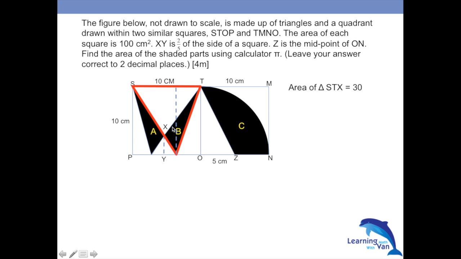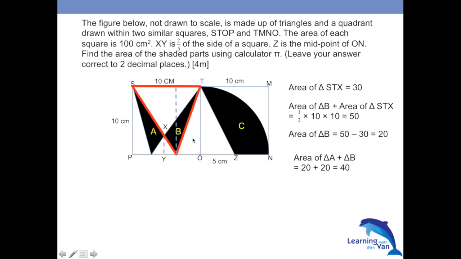So basically, they are identical. So yes, we can say that triangles A and B are identical, but not without having to prove this point. So again, the area of triangle B would be 20. So the area of these two shaded triangles will be A plus B, which gives you 40 centimeters squared.